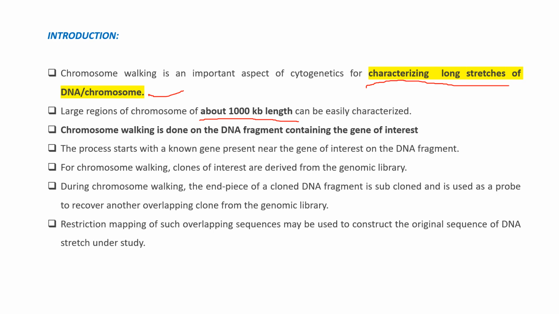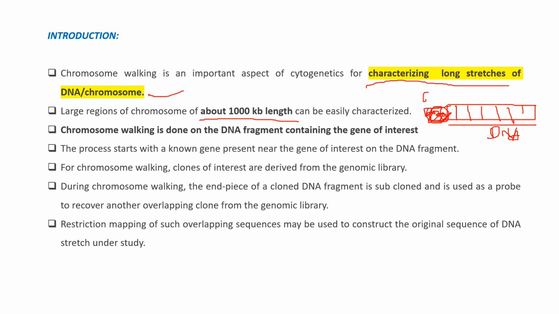So now the important point about this. First of all, suppose this is a chromosomal fragment that you want to characterize. And now you need to know any specific gene near this DNA fragment for the characterization.